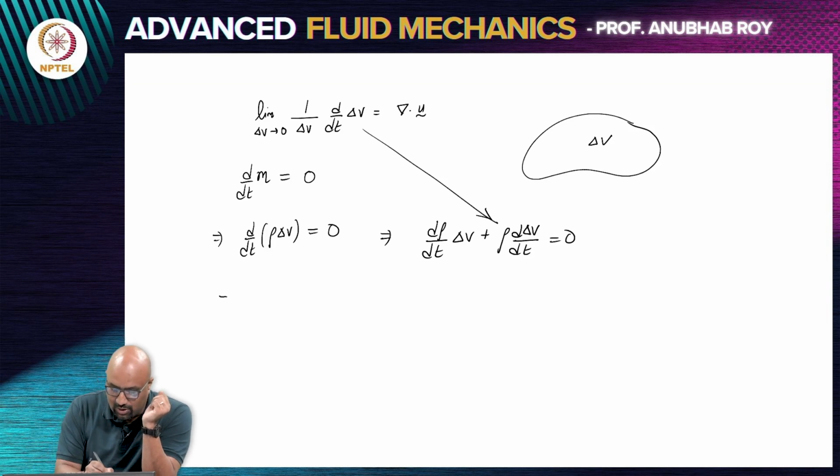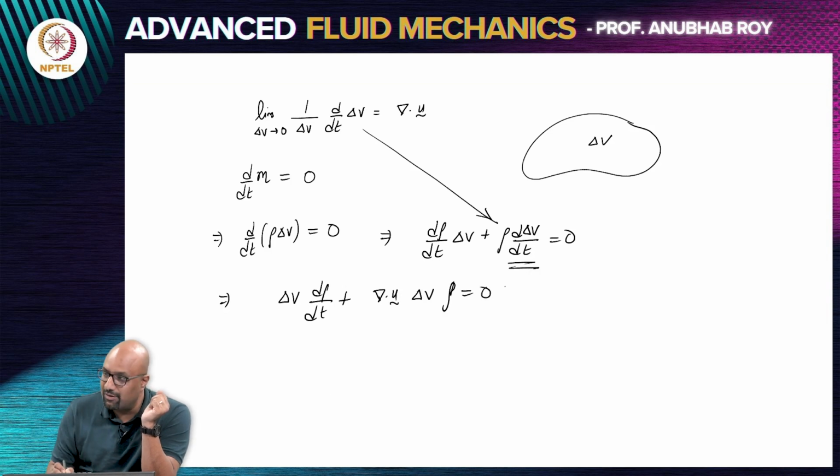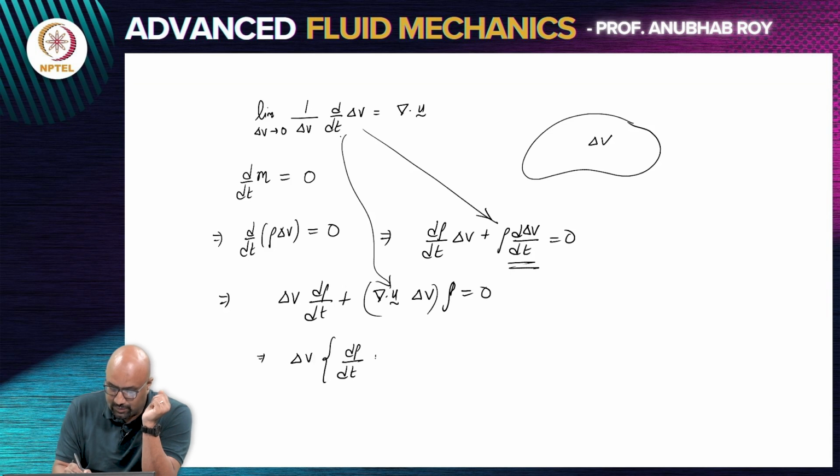So if I make that substitution, I have delta V d rho dt plus divergence of u delta V rho is equal to 0. So I have written d dt of delta V from this relation as delta V times divergence of u. So if I take delta V outside, I have d rho dt plus rho divergence of u.